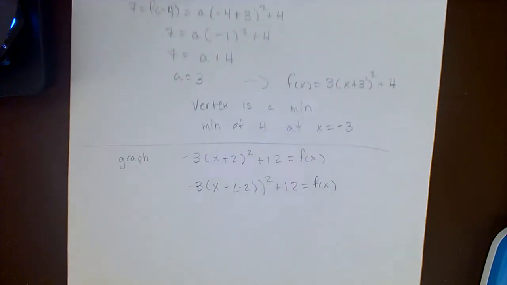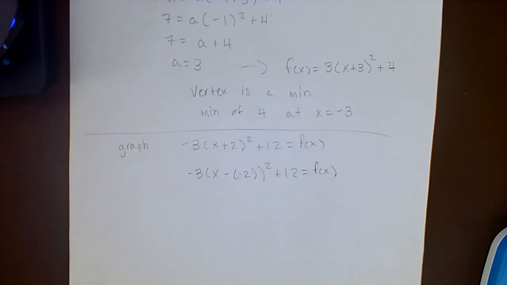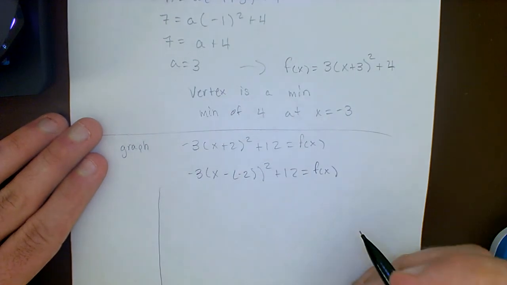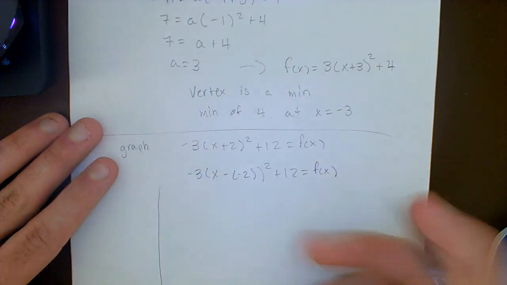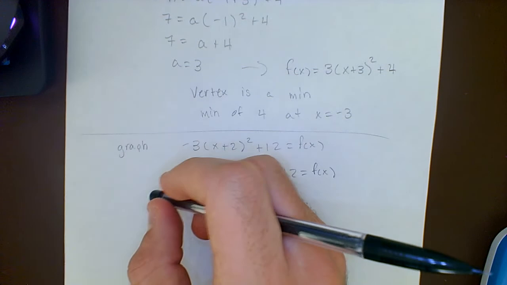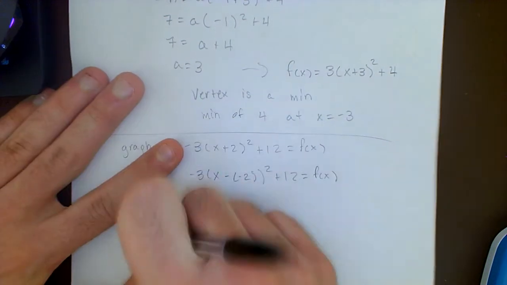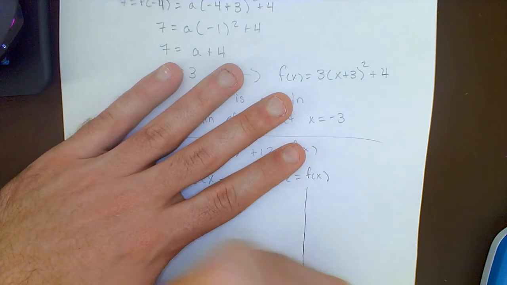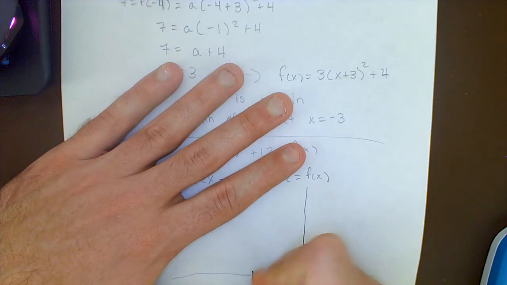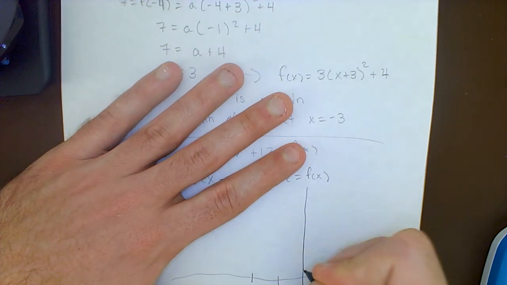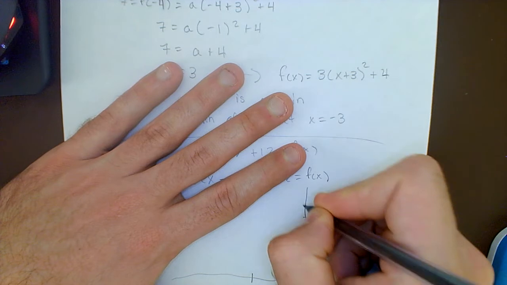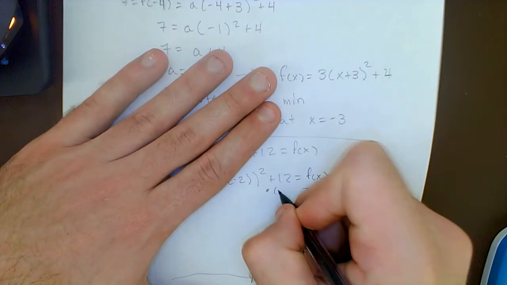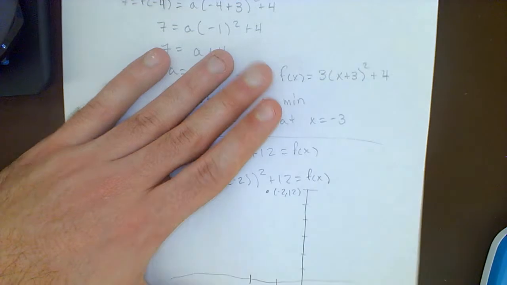Okay, another thing you want to do, so we already know that the point, whoops, I should have drawn this over here. So starting with this information, if I have negative 2, and 2, 4, 6, 8, 10, 12, I know that the vertex is going to be here at the point negative 2, comma 12.